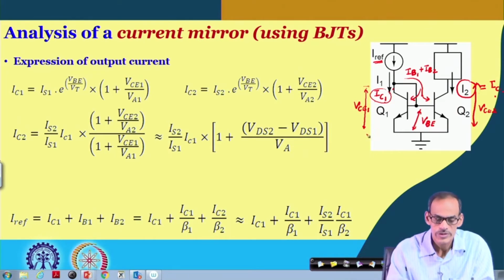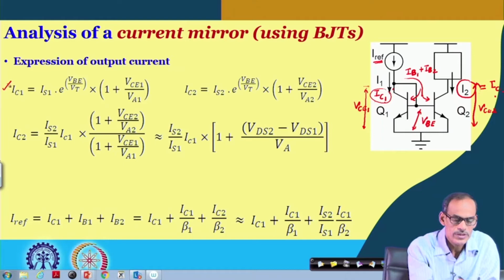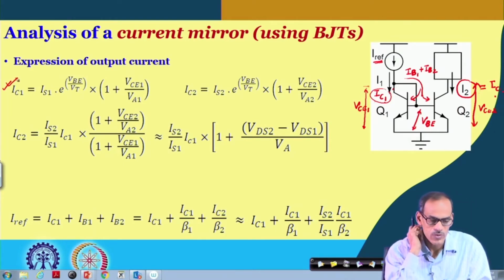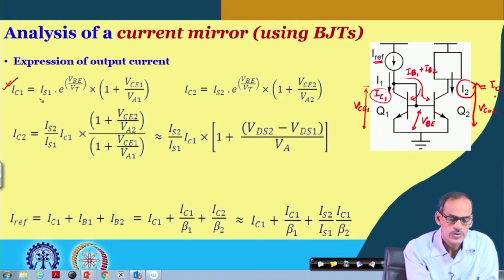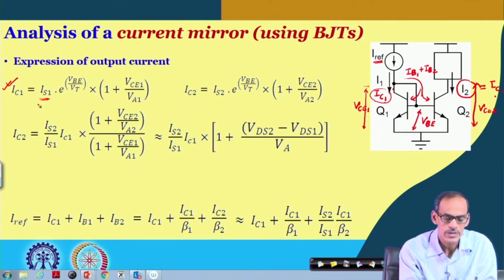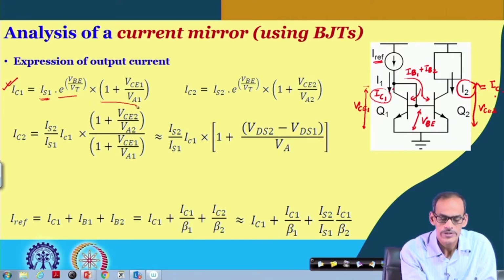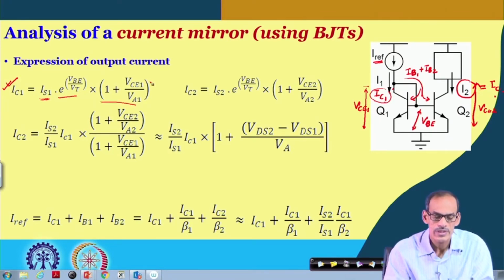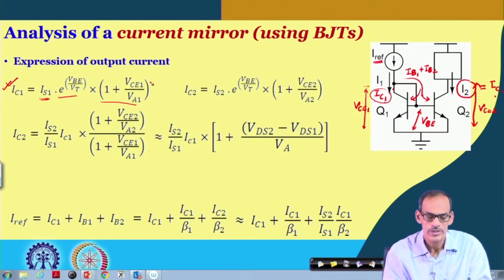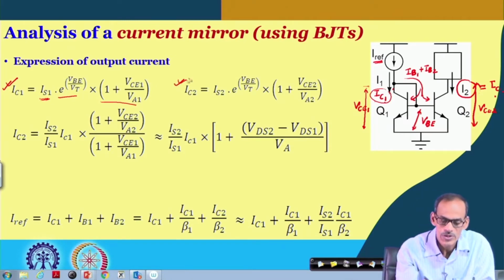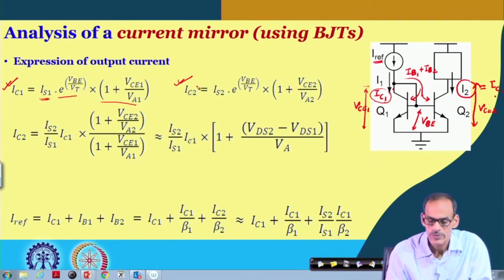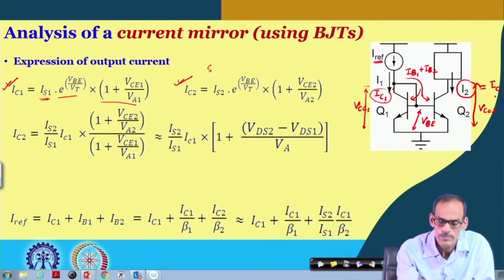Assuming that both the devices are in the active region of operation, we get a similar kind of expression for IC 1, which is the reverse saturation current multiplied by e power VBE by VT, multiplied by 1 plus VCE divided by the early voltage of the transistor. Same thing, we have the expression of collector current for transistor 2.